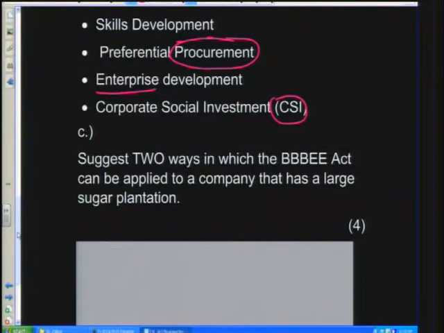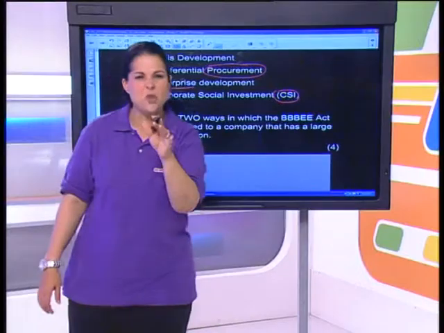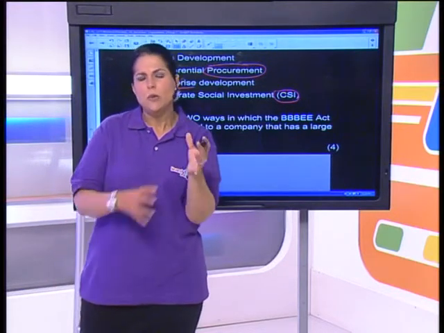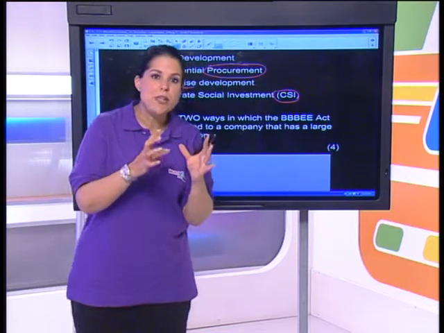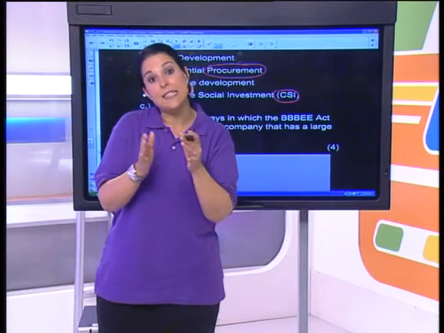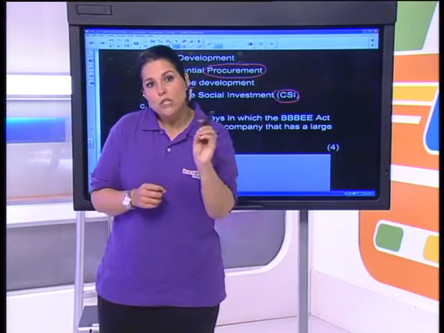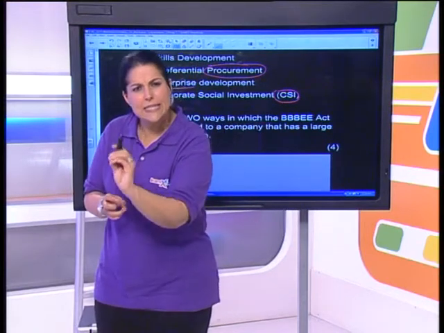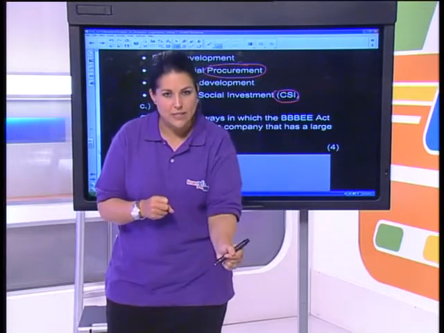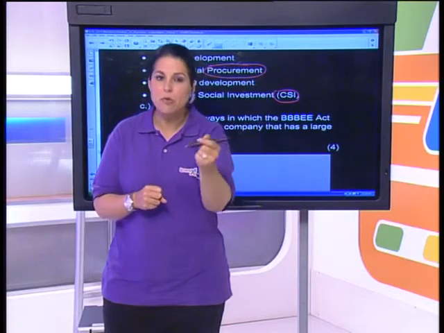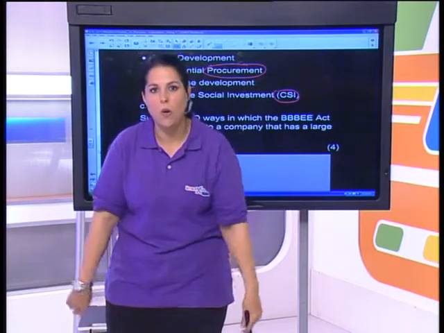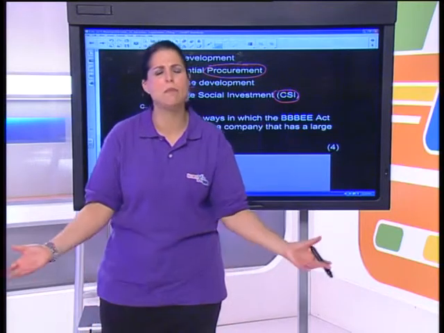CSI, corporate social investment. I know it's off the topic, but who can remember what the difference is between the concept CSR and CSI? Corporate social responsibility says that it is the obligation of management to protect and promote the interest of their stakeholders. What does that mean?